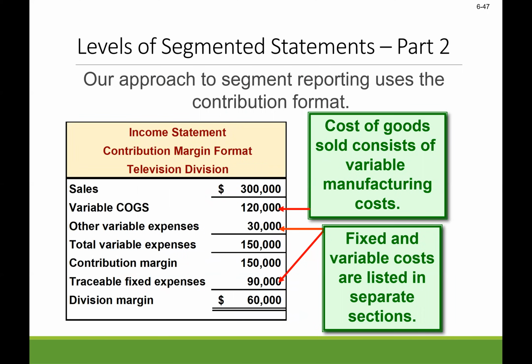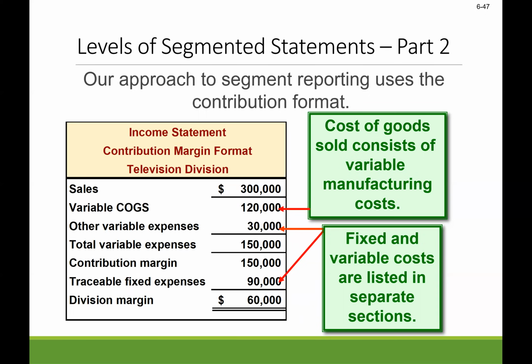So the television division shows our sales. We see our variable cost of goods sold and our other variable costs to come up with our contribution margin.